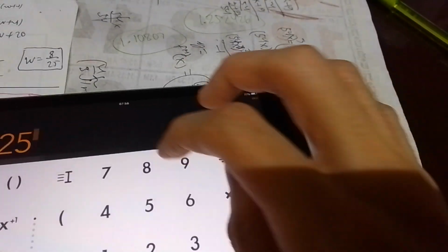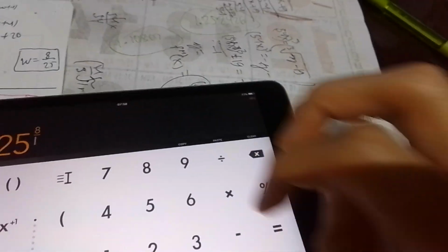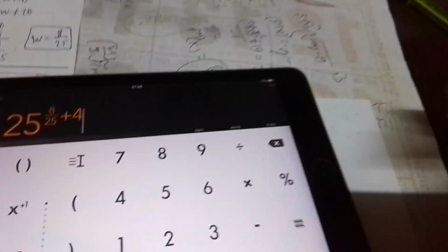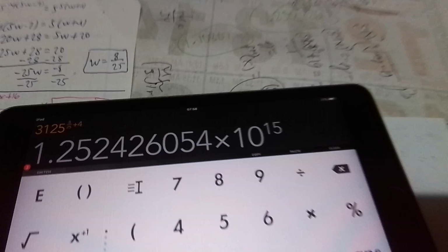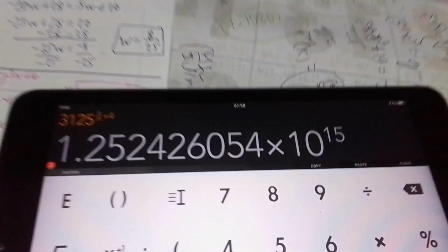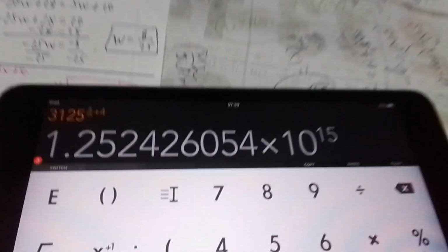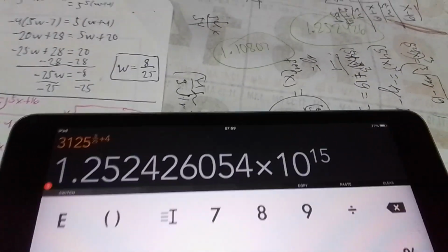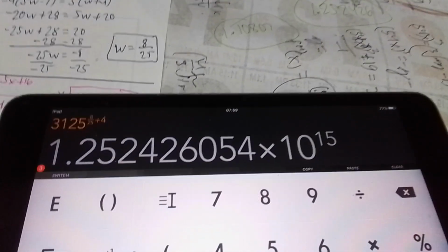And on the other hand, we have 3,125 raised to the 8 divided by 25 plus 4. Did we get it right? Yes, we still get the same. That's the right answer that we're looking for, 1.2524.